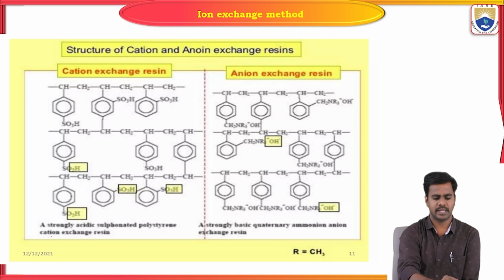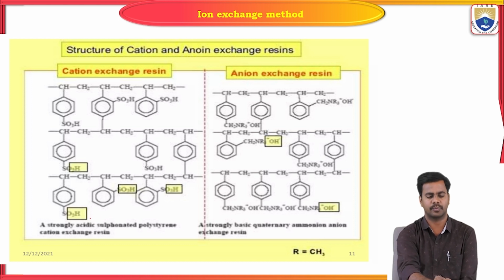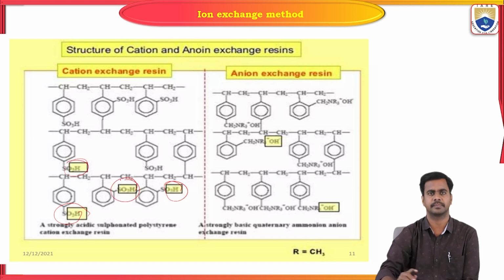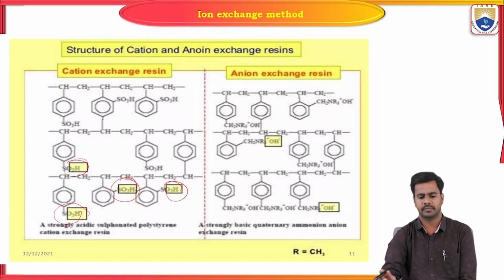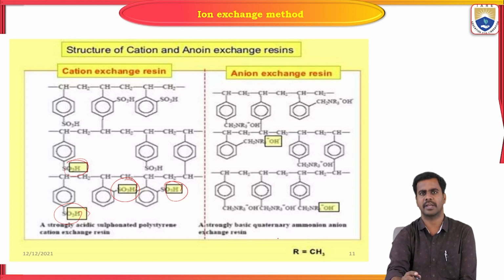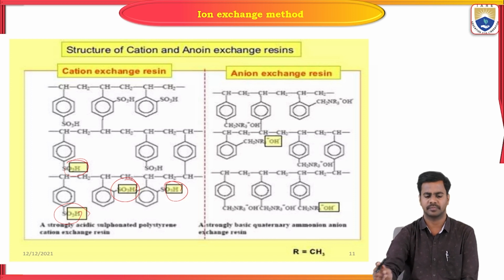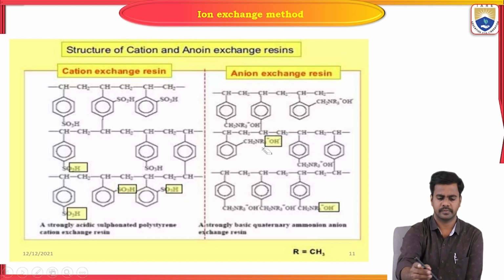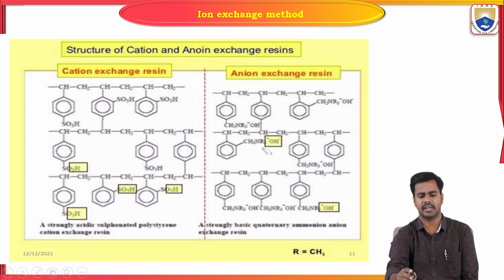It is a polystyrene with acidic sulfonated functional groups. These are the sulfonated groups. Whereas it is a strongly basic quaternary ammonium anionic exchange resin. So this one is cationic and this one is anionic.